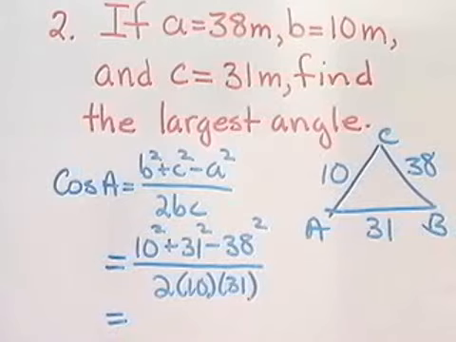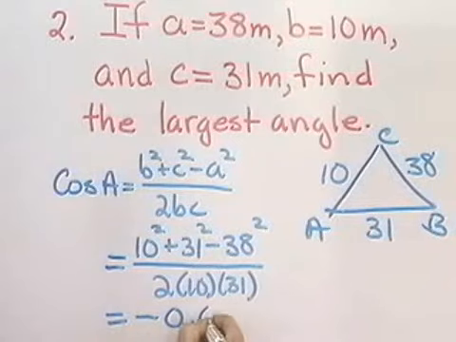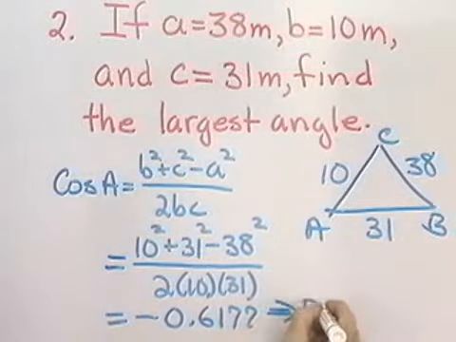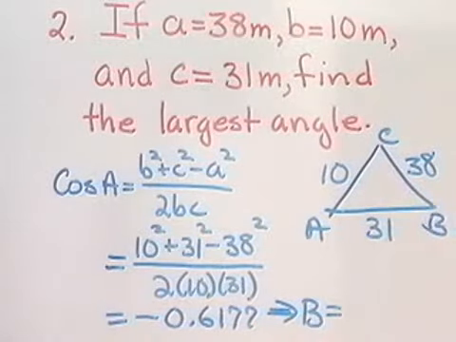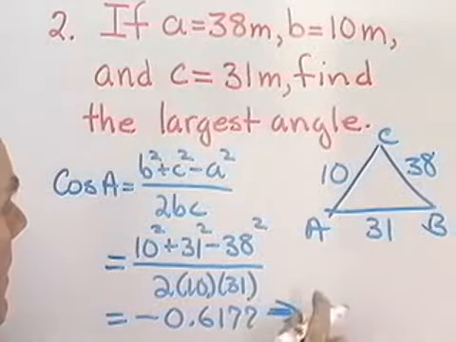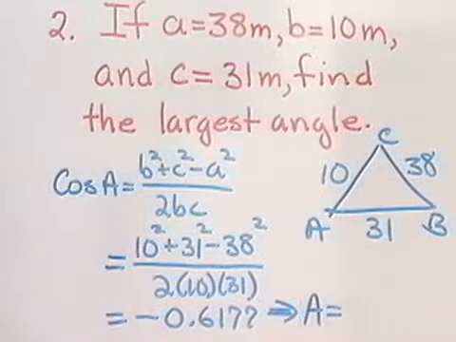That comes out to be negative 0.6177, and that implies that when I use my inverse cosine button on my calculator, that angle, whoops, not B, but angle A, comes out to be 128 degrees.